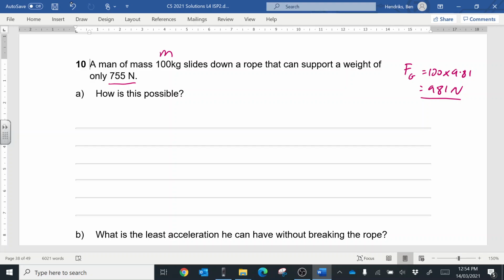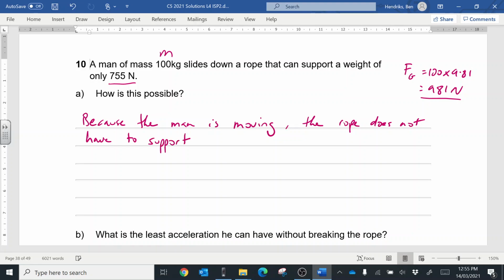Well, because the man is moving, the rope does not have to support his full weight force.